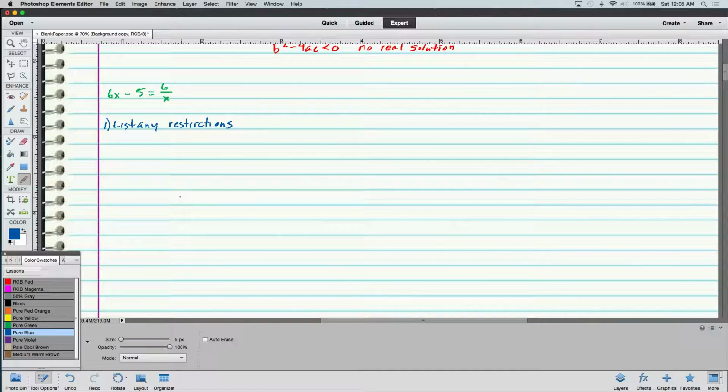This just means any value of x that will give us an undefined answer. In this particular case, since x is in the denominator on the right side, x cannot be equal to 0, because if we have a 0 in the denominator, the problem becomes undefined. They're not always going to have any restrictions, but sometimes they will. So here x is not equal to 0.